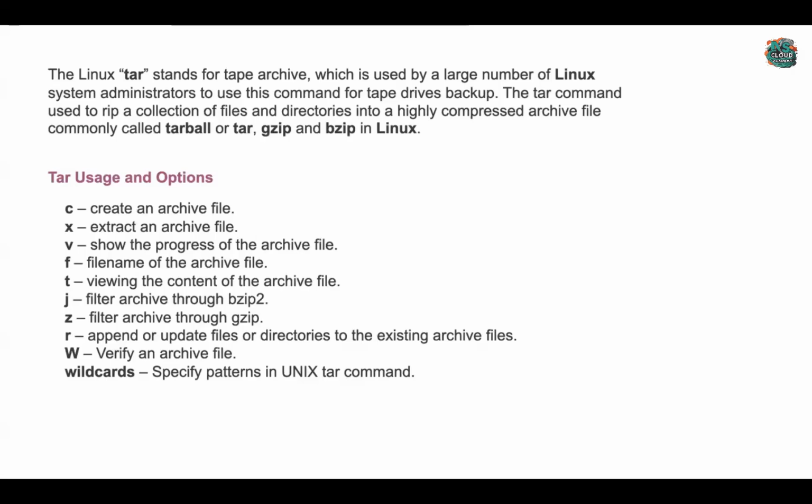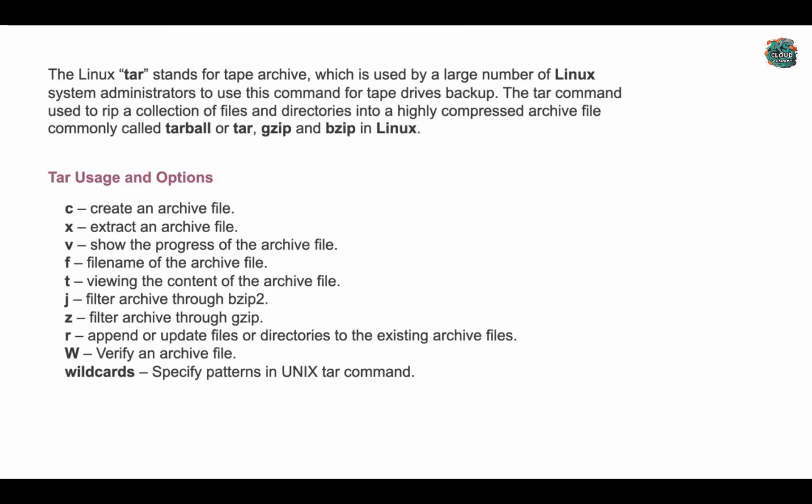When you use the tar command, there are some options. After the command you use hyphen c, hyphen v, hyphen d, like this. These are the options you can use with tar.